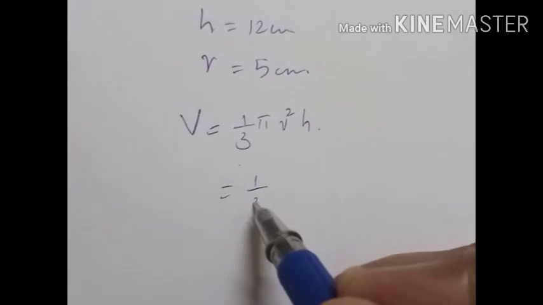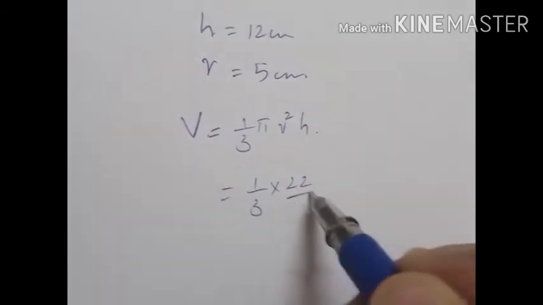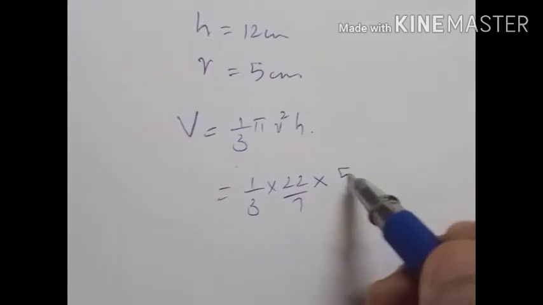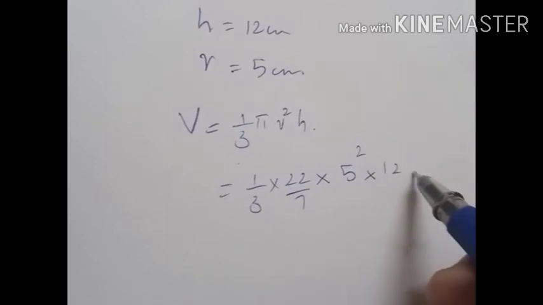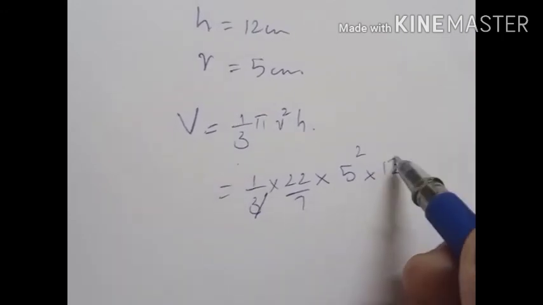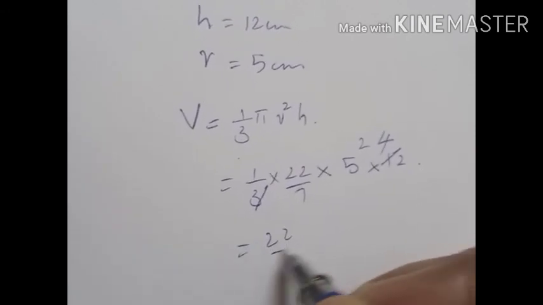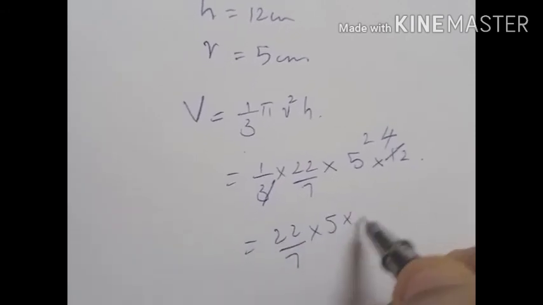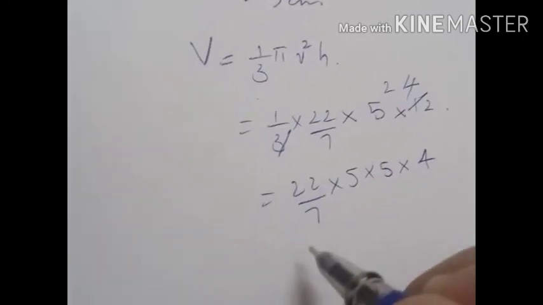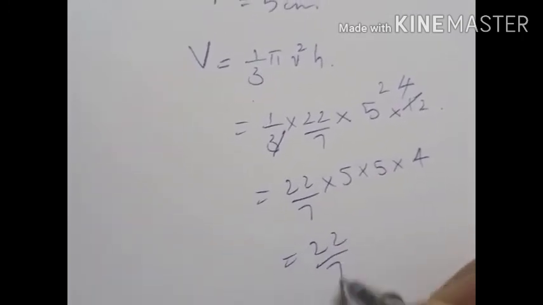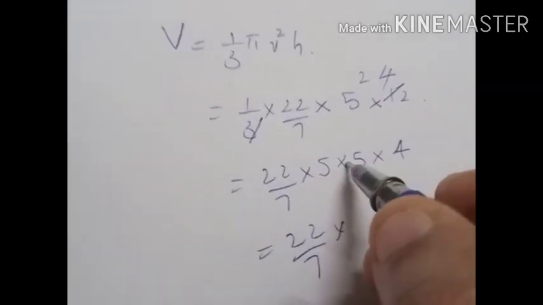That is equal to 1 by 3 into 22 by 7 into 5 square into 12. Then we can simplify this 3 and 12 in 4 times. Then 22 by 7 into 5 into 5 into 4.